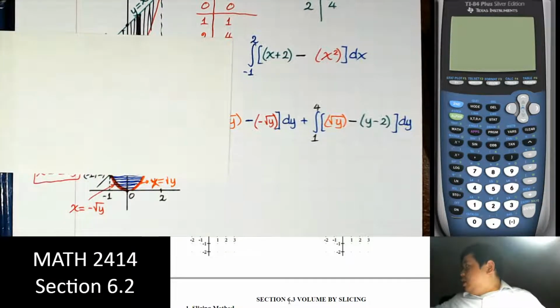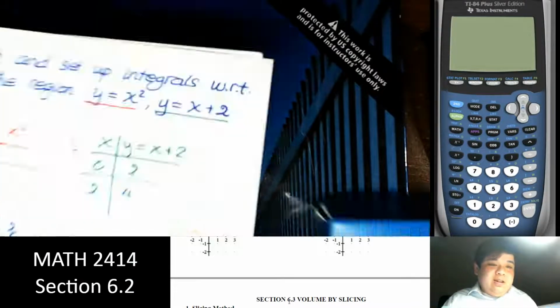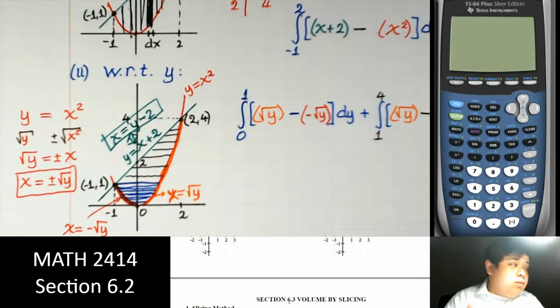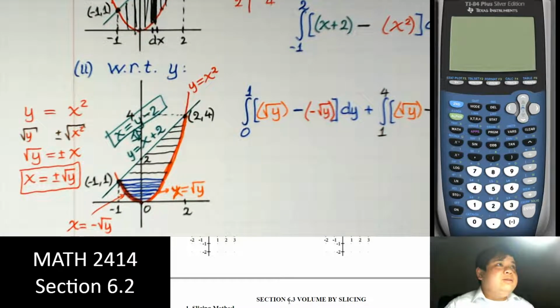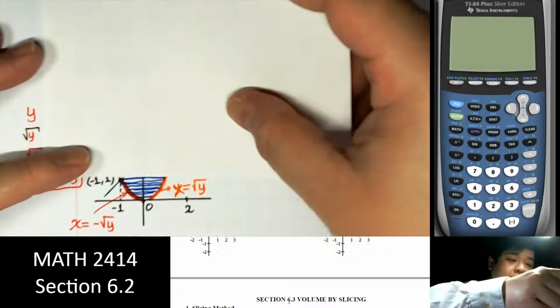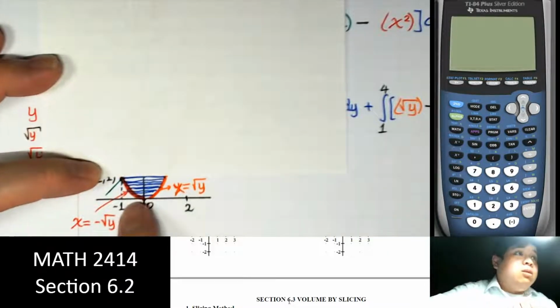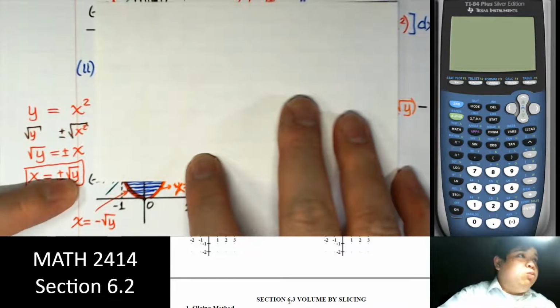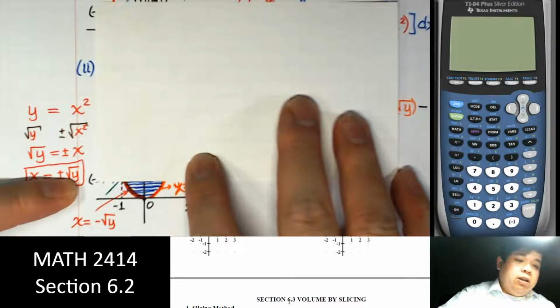See if I can zoom this in. That's still good, right? Yeah. Now we go from -1 to 1. Because, first of all, if y equal to x squared, then x equal to plus or minus square root of y, right?